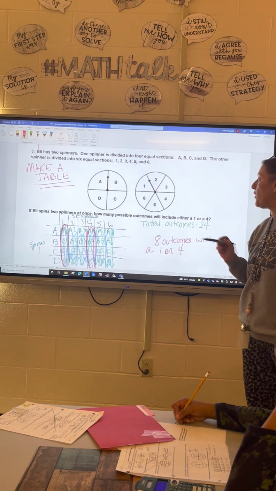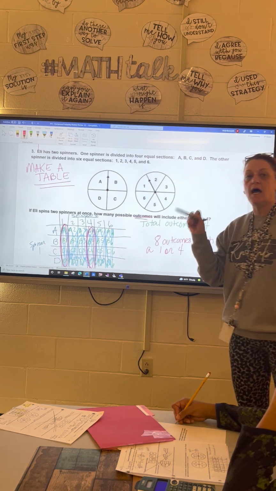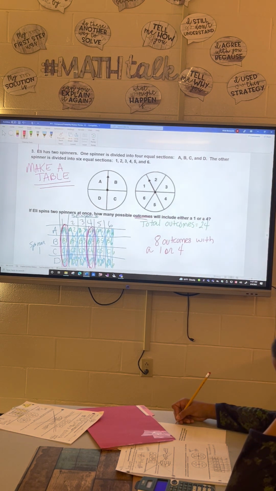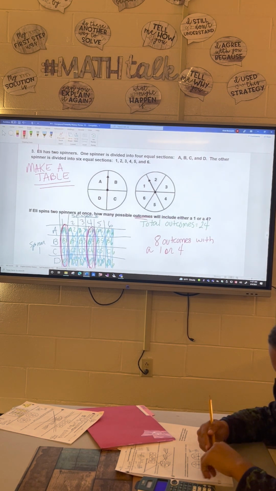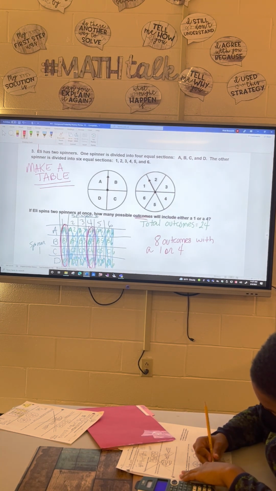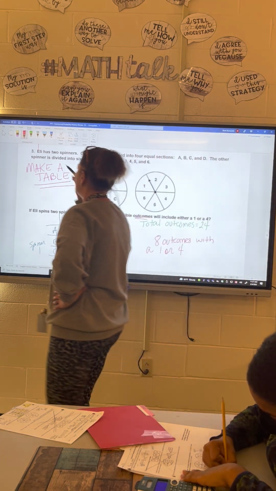Notice that it asks you for outcomes and not the probability. Okay?